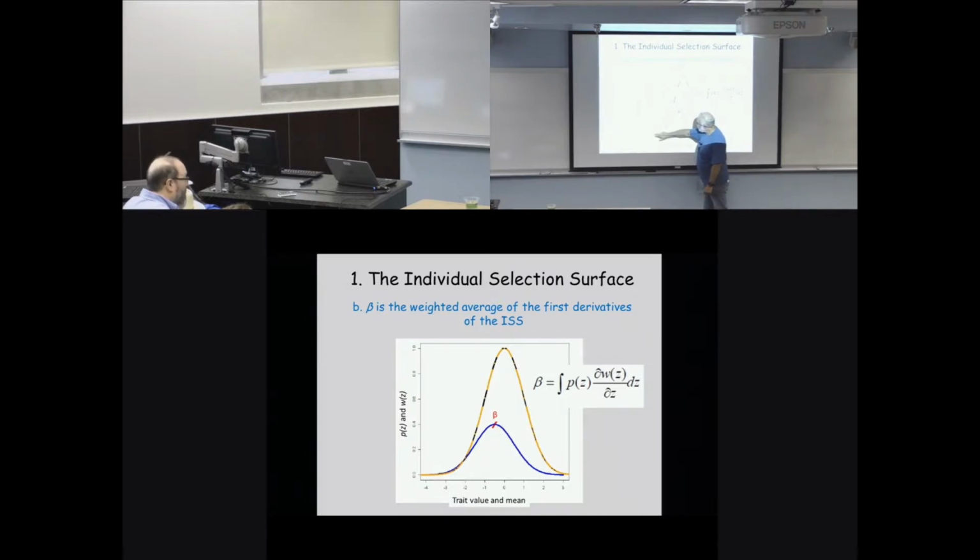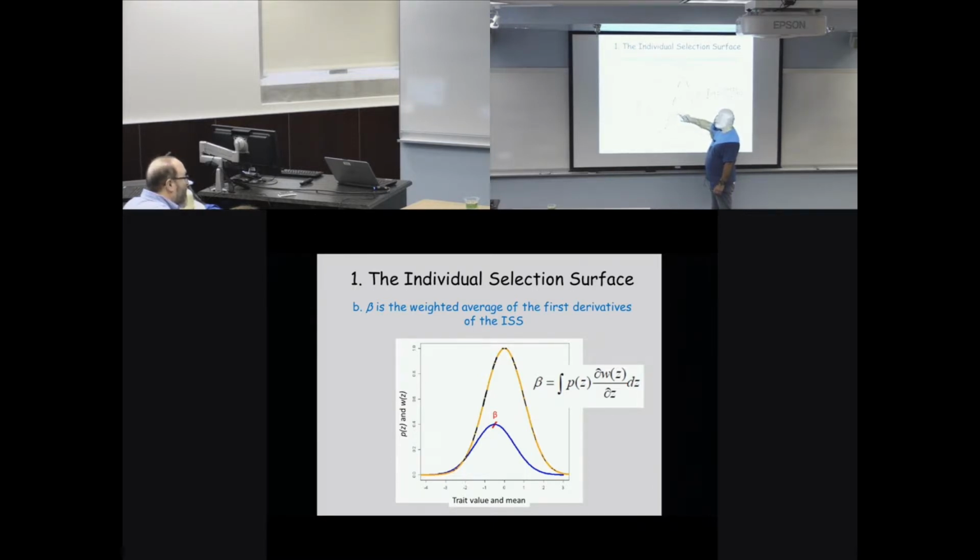If we move along this orange curve, and at every point weight the first derivative, the slope of the orange slope, by the frequency of phenotypes at that point, and then just keep doing that weighted average, we'll end up with a weighted average slope, and that turns out to be equivalent to beta.